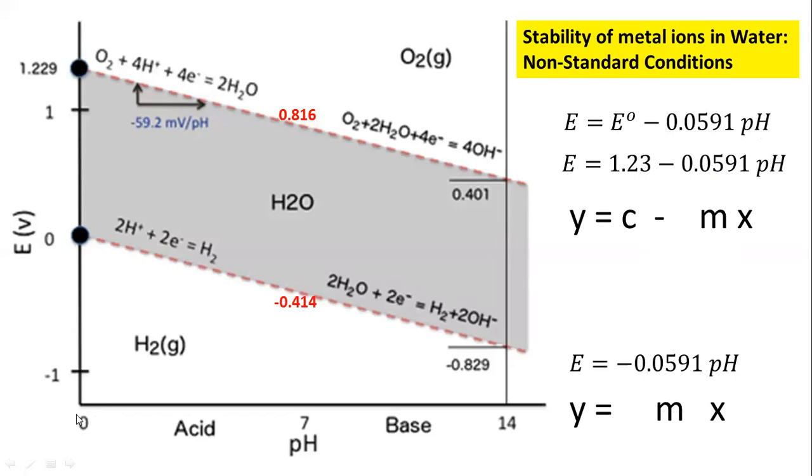So again, you are going to plot the graph with the pH versus the potential. Let's suppose this is the first half cell. If you put the value of pH as 0, then E naught will be the only value, 1.23, and 1.23 is here.